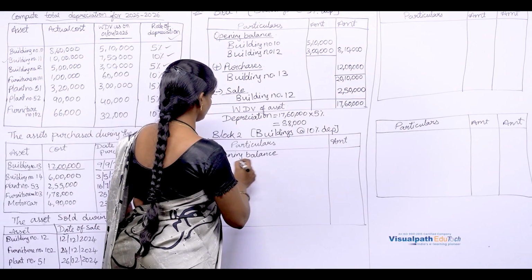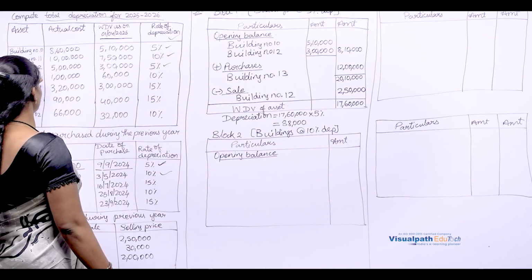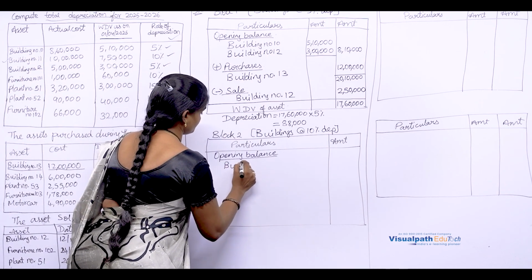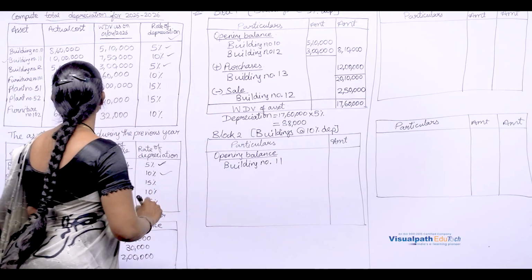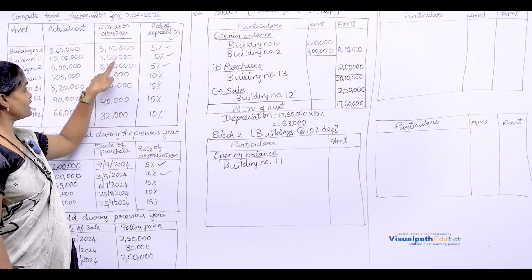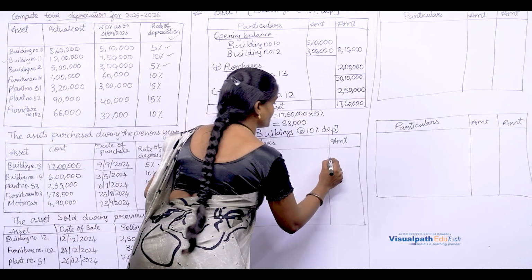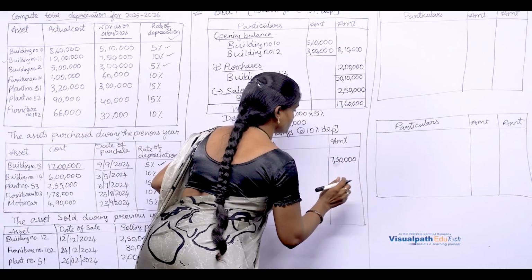Now, under opening balance you have building number 11. What is the cost? Actual cost is 10 lakhs. Now, written down value is 7 lakh 50,000. Take 7 lakh 50,000.